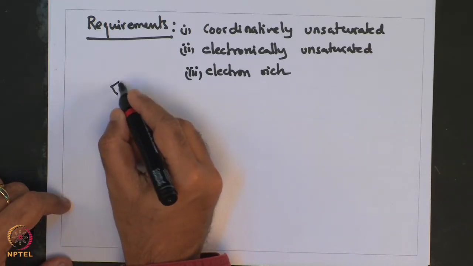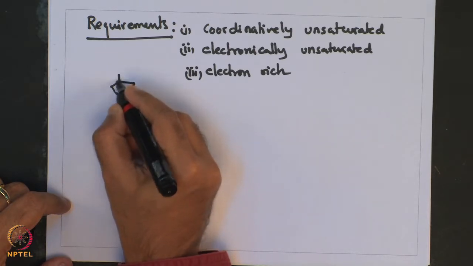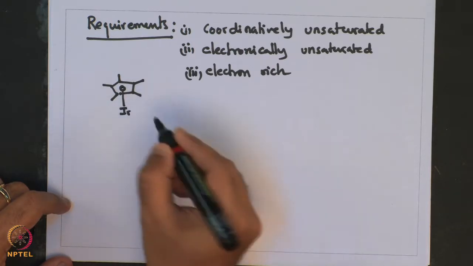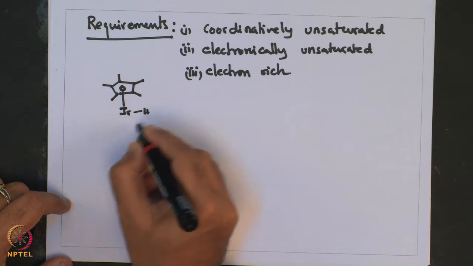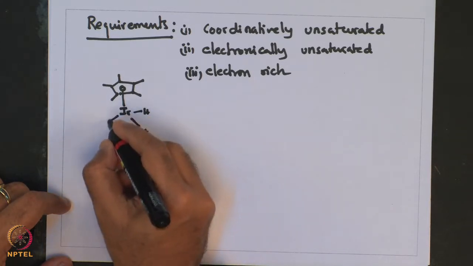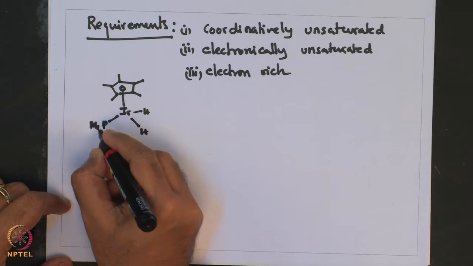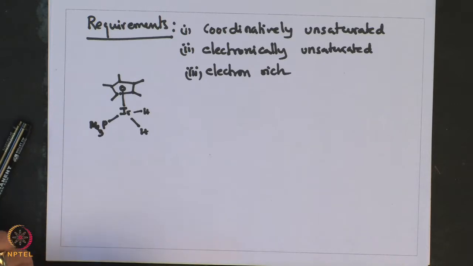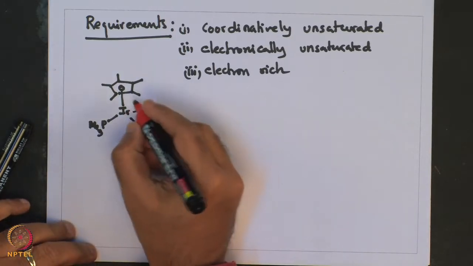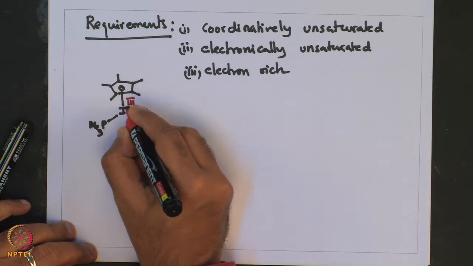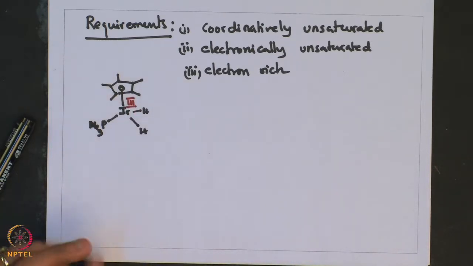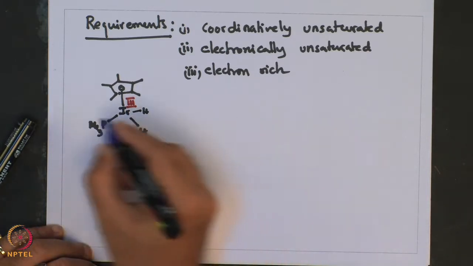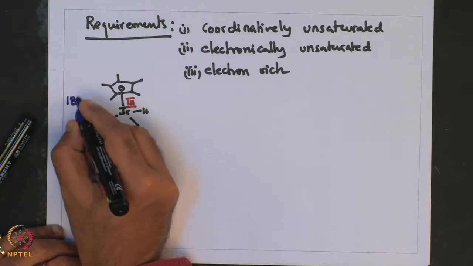For example, this Cp* iridium hydride complex is in iridium +3 oxidation state, and it has 18 valence electrons.